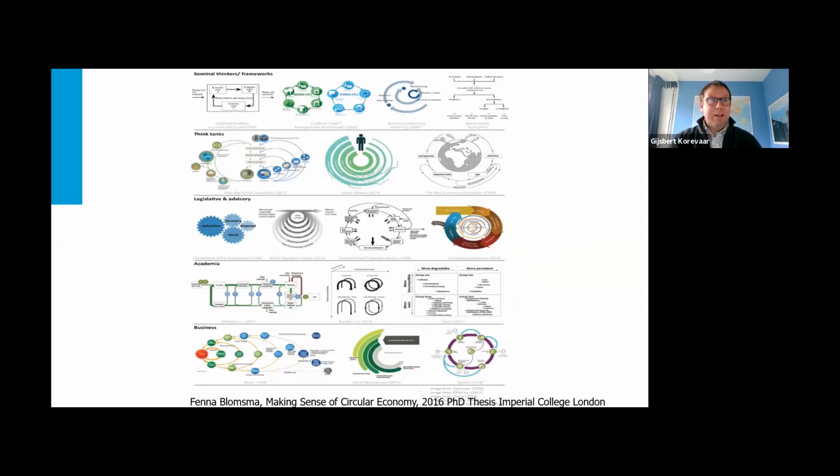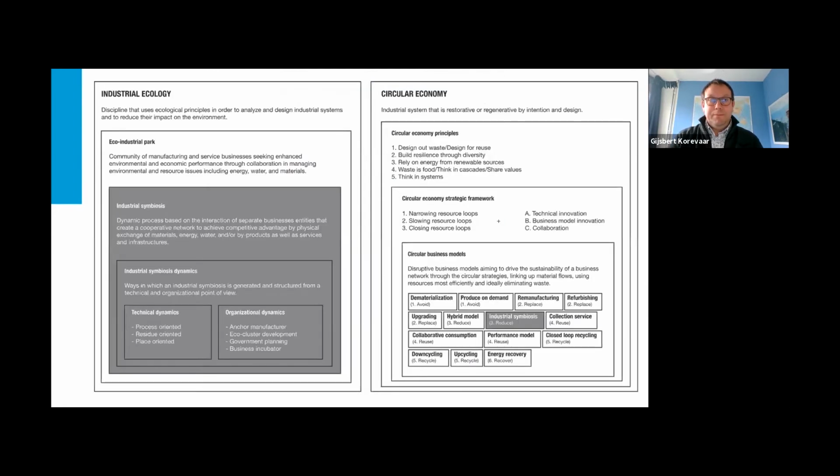They have this butterfly diagram, but there are actually many more variations of that. I'm not discussing right now what is the best framework or what we should choose, but it's good to keep in mind that in the debate on the circular economy, there's still quite some variation possible.